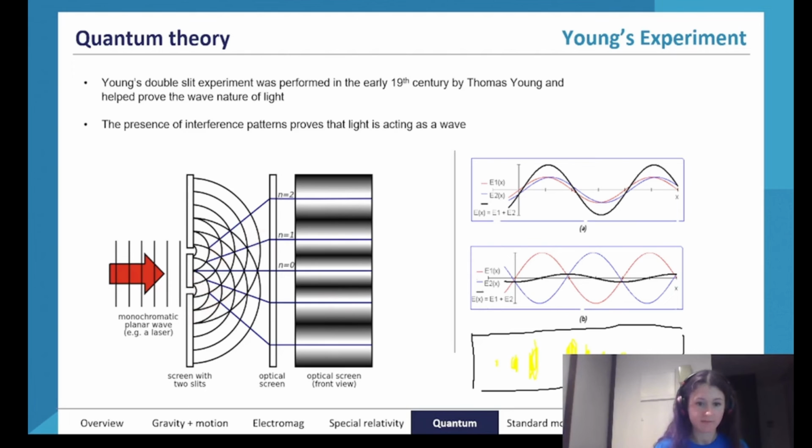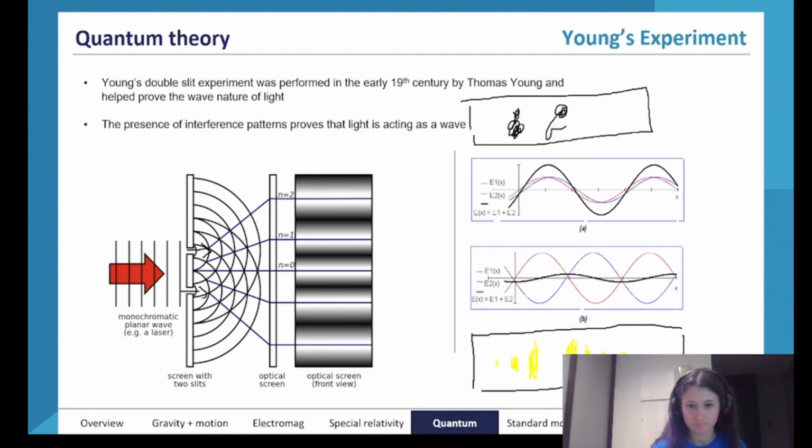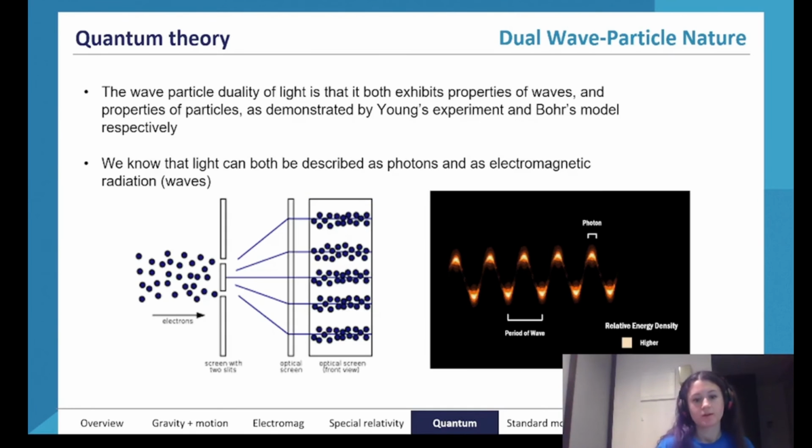However, if light was a particle, the particles would have just gone through these two slits and created two big splotches of particles right on either side of the slits. So this is how he knew that light could act as a wave.